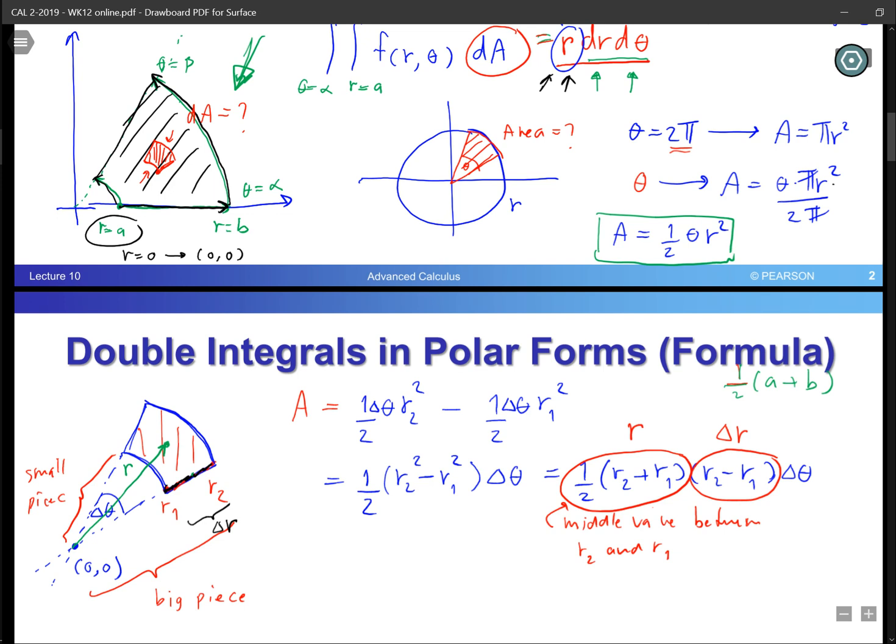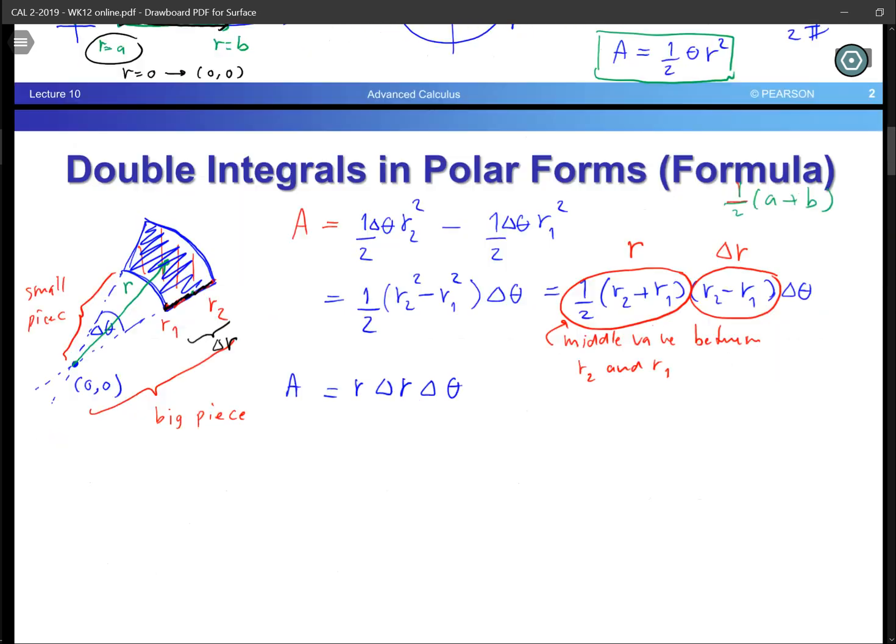Alright, and then we can do this a little bit more, and we can get this area equal to r times delta r and delta theta for this little piece of, I don't know what to call this shape, but I just highlighted it. So this piece. But of course, we don't want this piece to be too big.